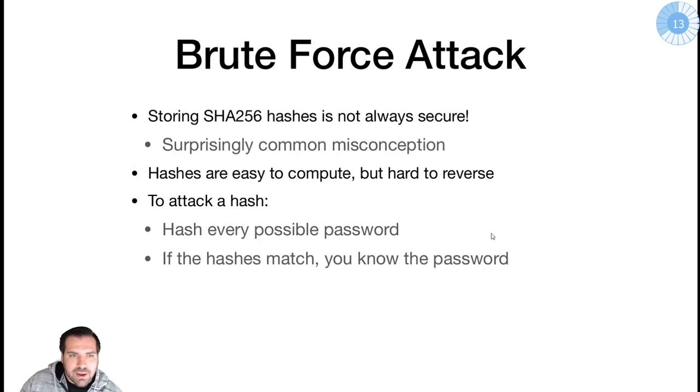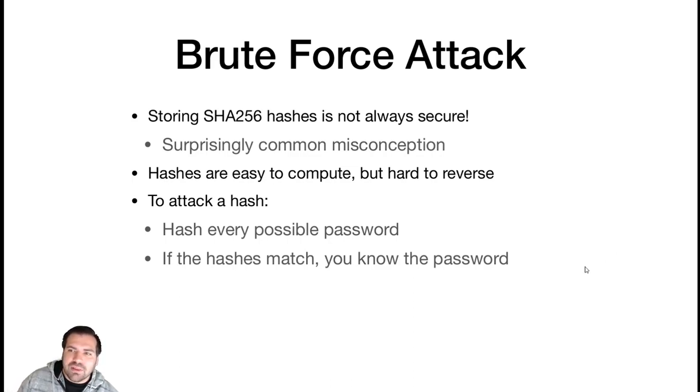I do want to talk about the attack and then do both demos at the same time. So there is one big problem. I mentioned this at the end of lecture last time, that you don't have to undo the hash. Given a hash, you don't have to strictly reverse the computation of SHA-256 or any hash function, because you can run what's known as a brute force attack, which is effectively just guess and check.